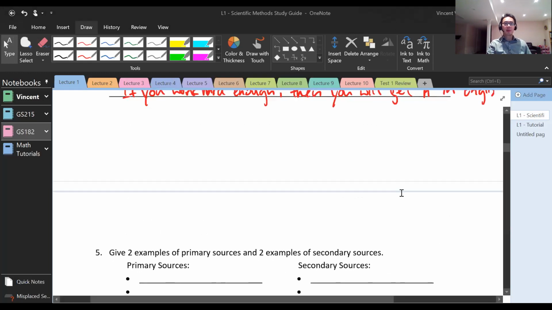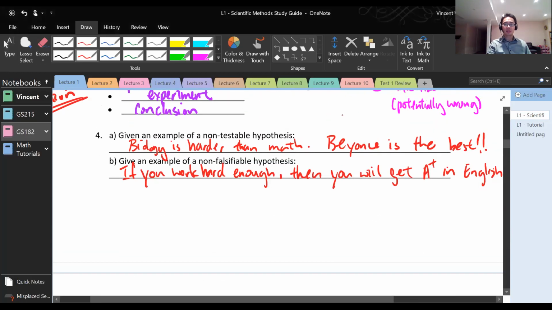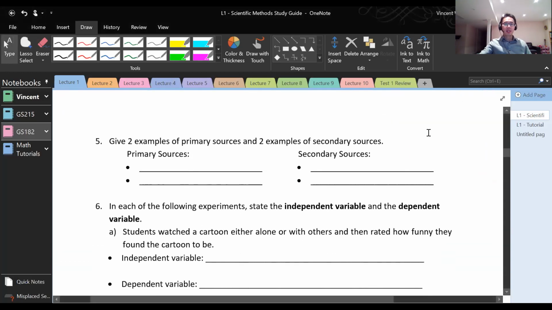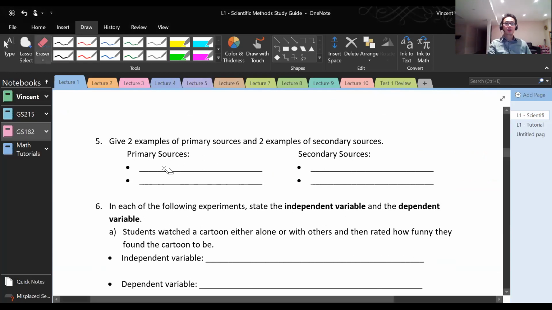Okay, give 2 examples of primary sources and secondary sources. So primary sources are basically first-hand recollection of an event or first-hand description of something that you've done, right? An example of that would be a peer-reviewed journal article.